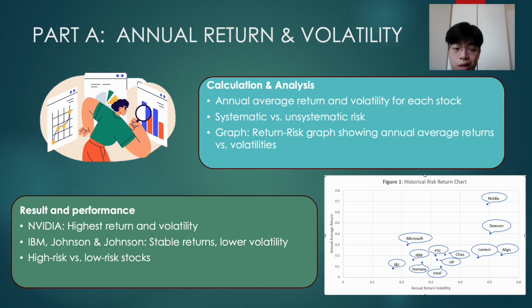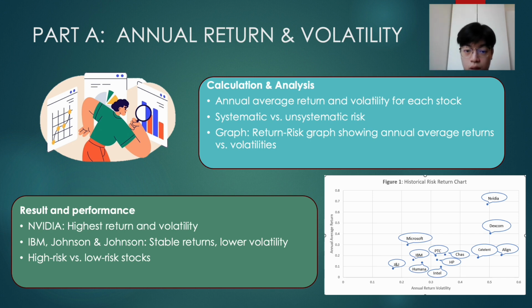And to make it easier to understand, we plotted these returns and volatilities in a graph. From this graph, we saw that NVIDIA had the highest annual average returns, but also higher volatility, meaning it's quite risky.